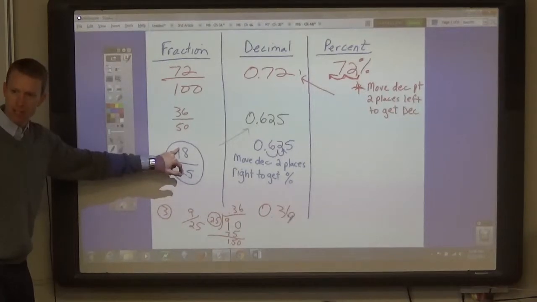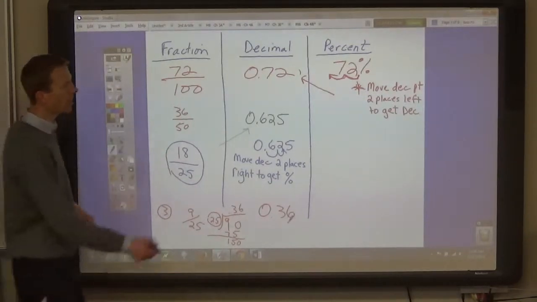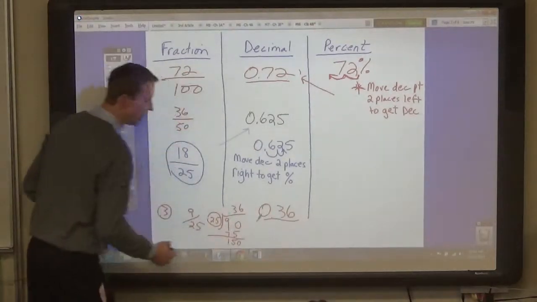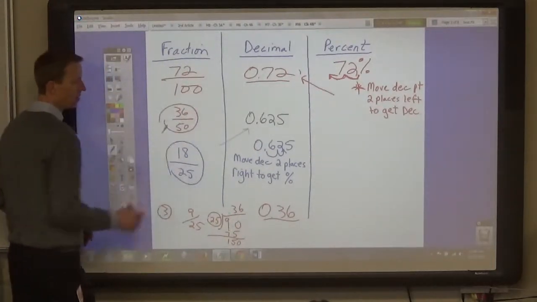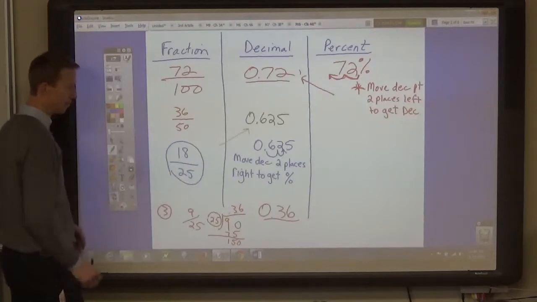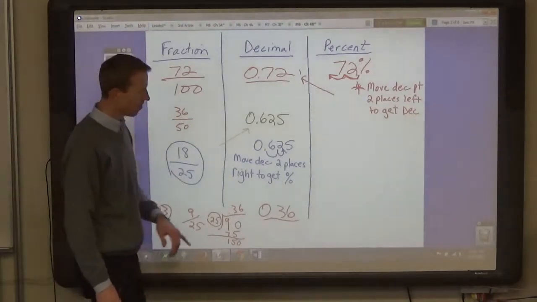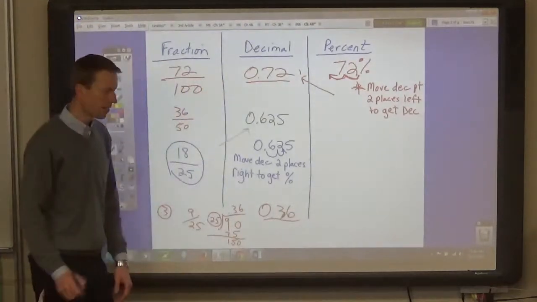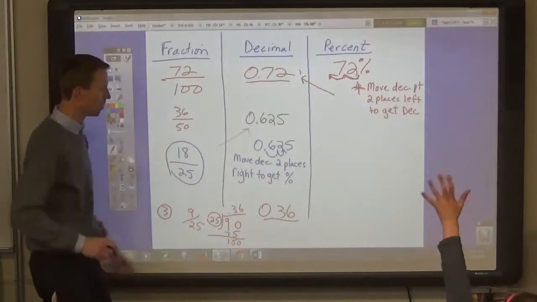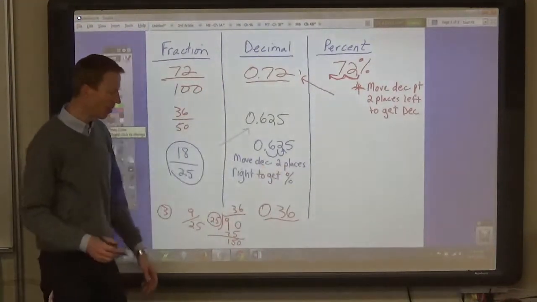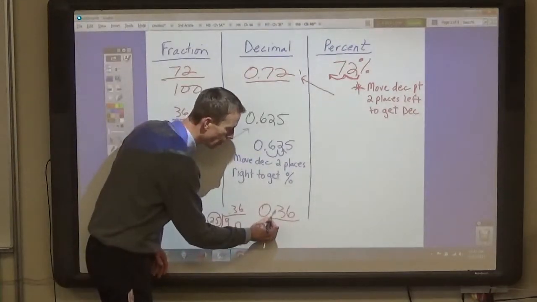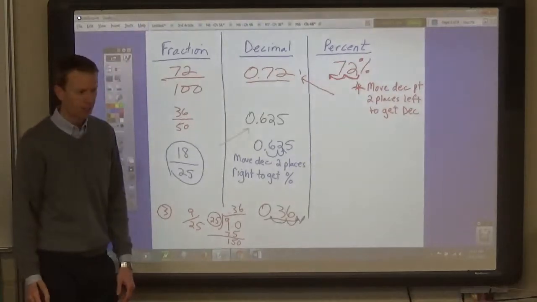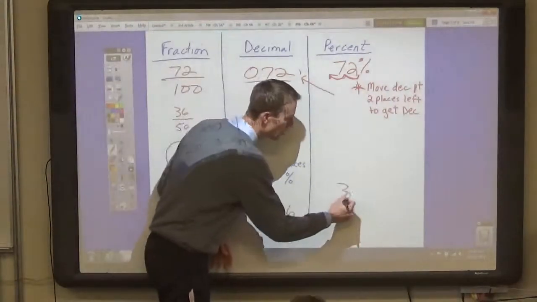There's half as many pieces. And look at our decimal. Instead of 0.72, it's 0.36. How would we change this to a percent? Move the decimal. Instead of 0.36, we move it over 2 places. So it's 36%.